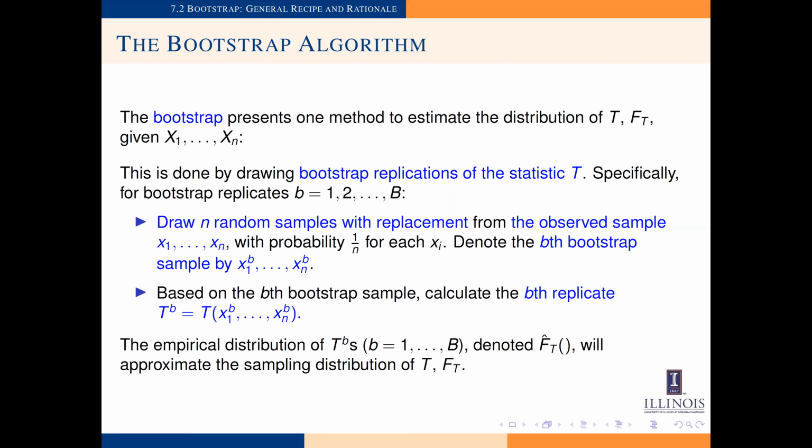It turns out that the empirical distribution of the t of b's across the large B bootstrap replications, if we denote it by f hat of t, will approximate the sampling distribution of t, ft, which is the sampling distribution we are interested in, and we can use it to do standard error approximation and all of those other good things.